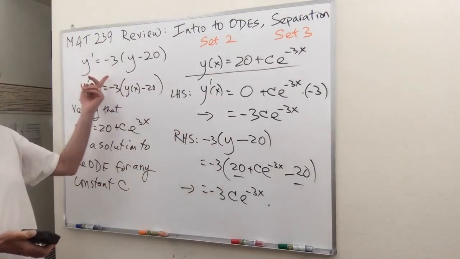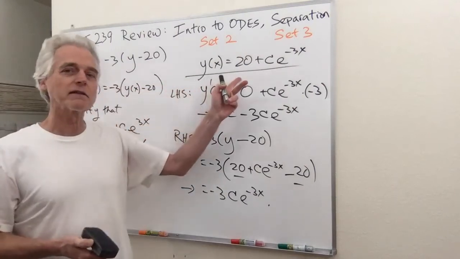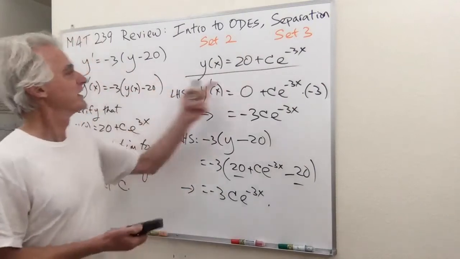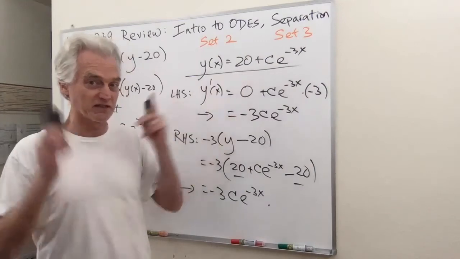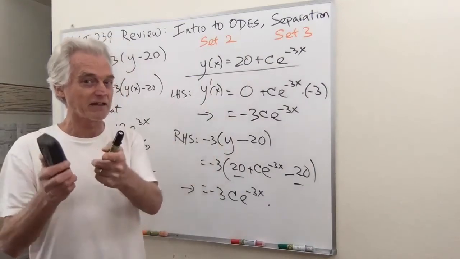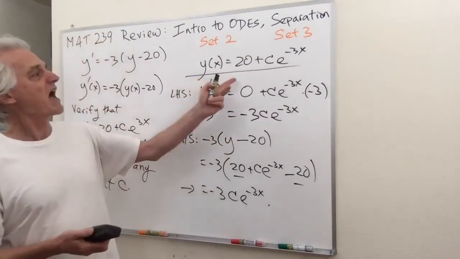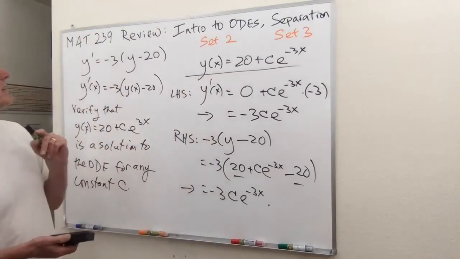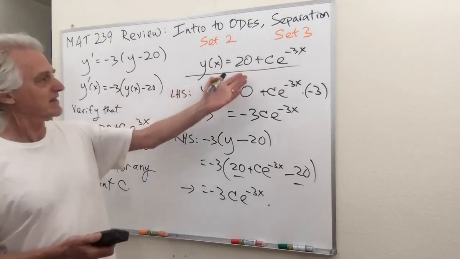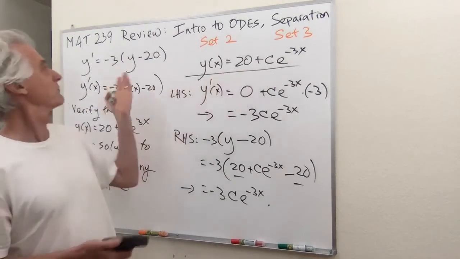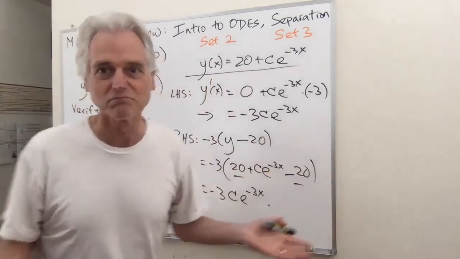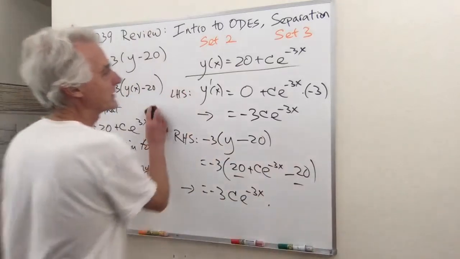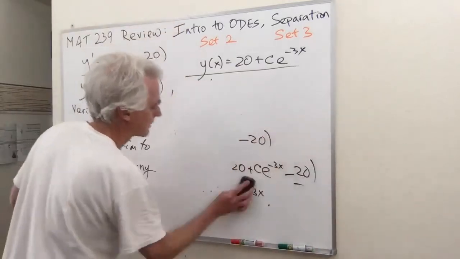I see that, and I write down that, and I want you to be able to see that and write down that too, because you're so good at the chain rule that you say, yeah, if I differentiate that, and I subtract 20, I get the same thing as subtracting 20 and multiplying by minus 3. So end of story in a way.